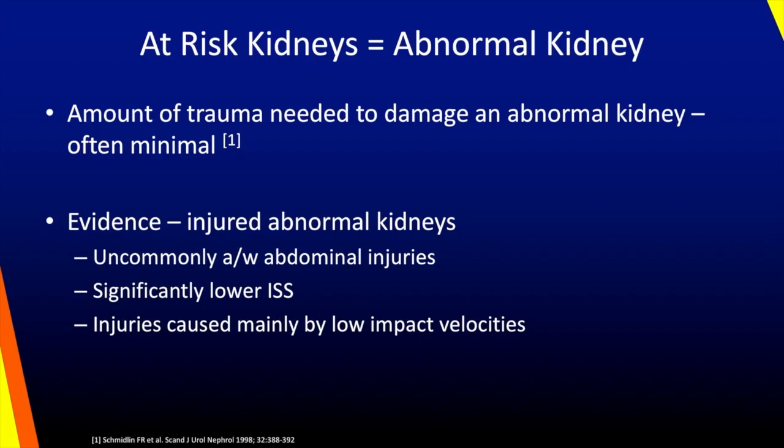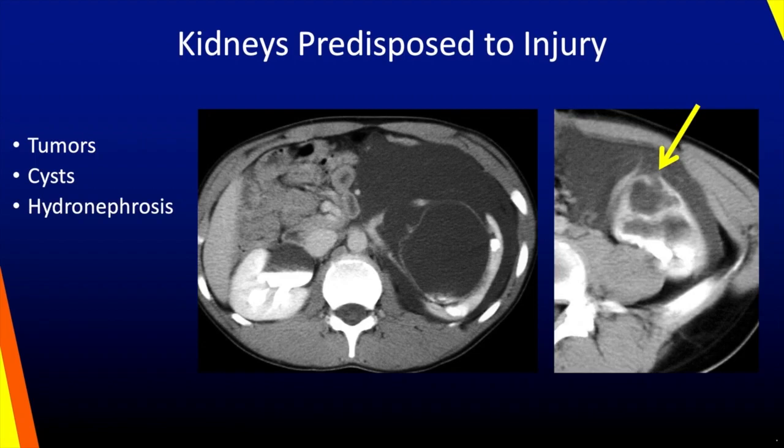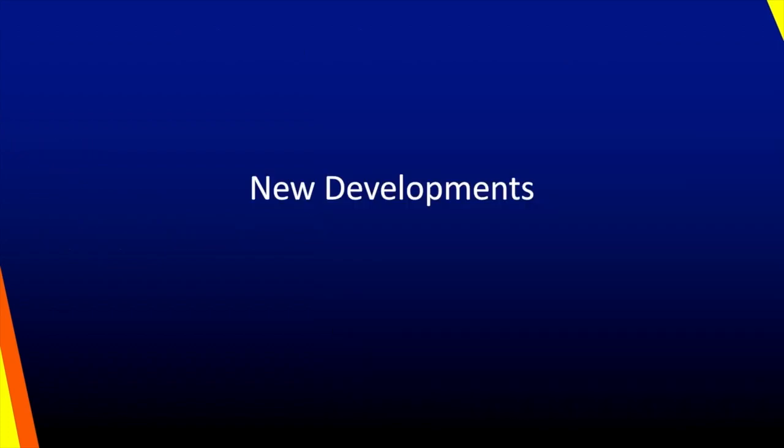Injuries are caused mainly by low impact velocities. Kidneys predisposed to injury include those with tumors, those with cysts, kidneys with hydronephrosis, and here we see a tear through the thinned parenchyma, and ectopic kidneys, such as those in the pelvis, and horseshoe kidneys.